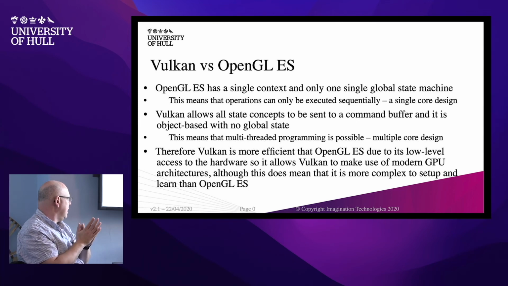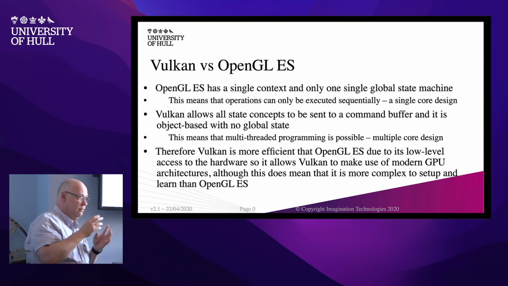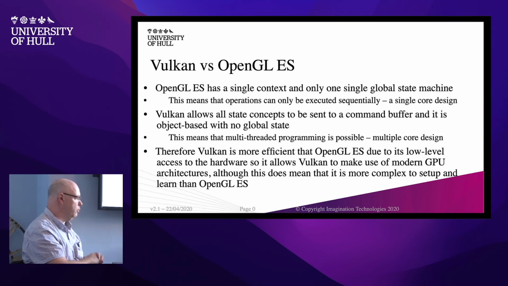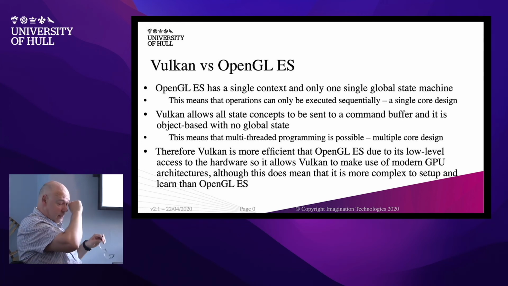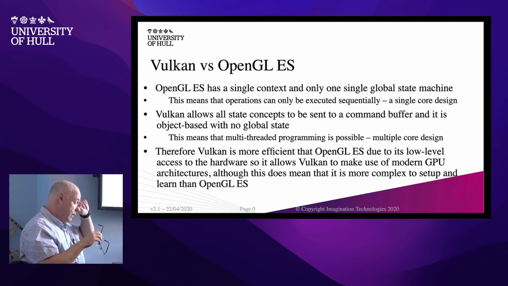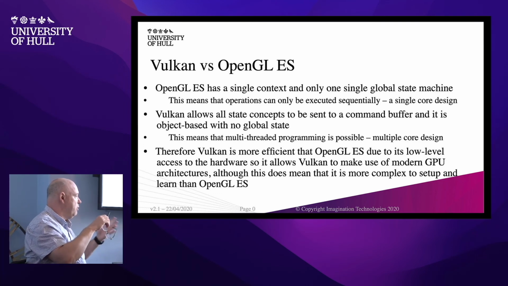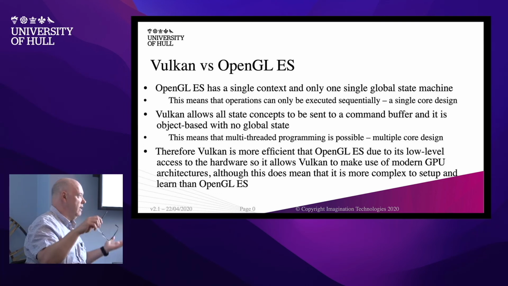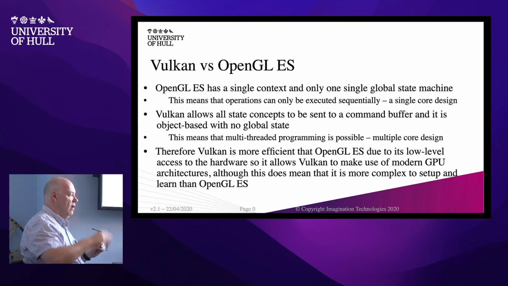OpenGL ES has a single graphics context, and it has a global state machine. What we mean by that is the GPU, because it's separate from the CPU, has no idea where in your application it's being sent graphics commands from, so everything is done sequentially.